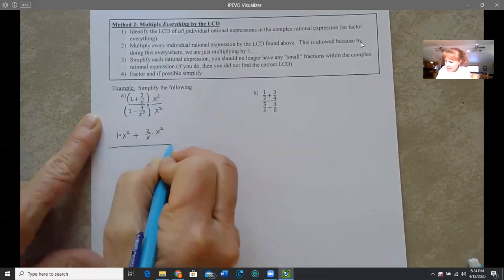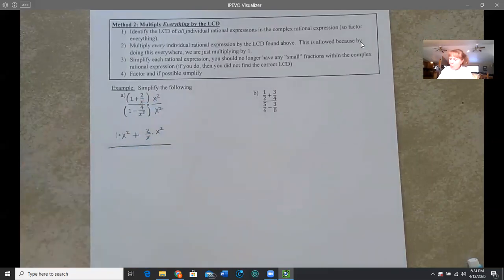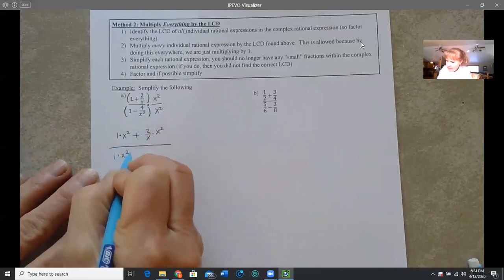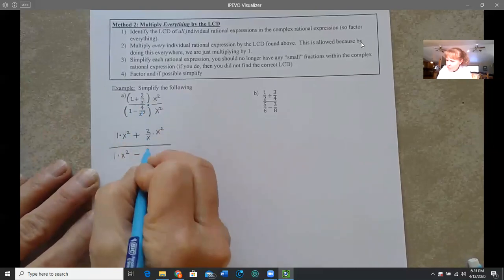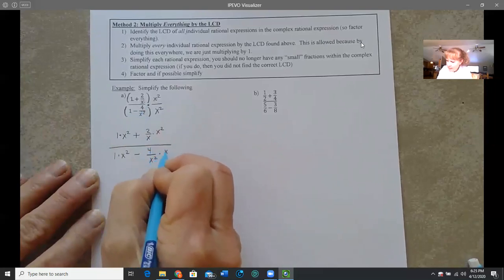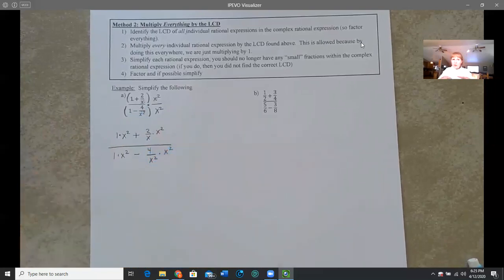Then you'll take the 1 times x squared minus, and then our next term is 4 over x squared times x squared. So every term in that complex fraction will be multiplied by this least common denominator of the little fractions.